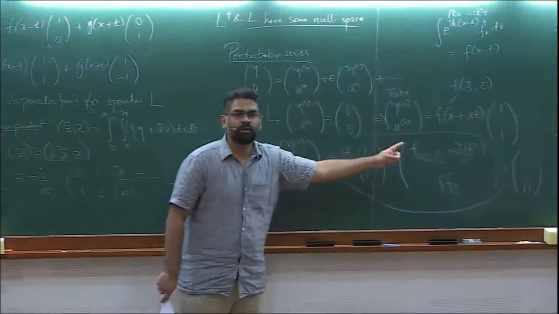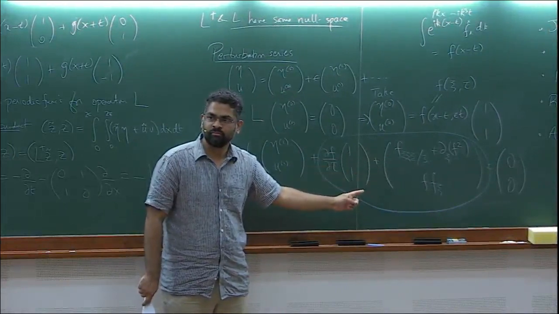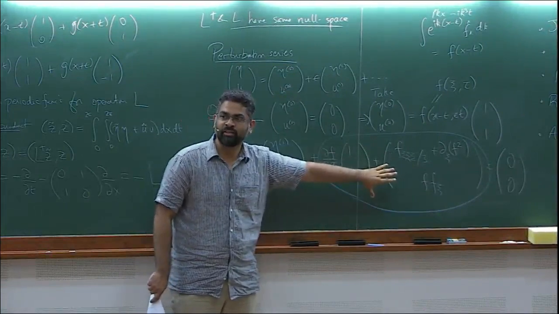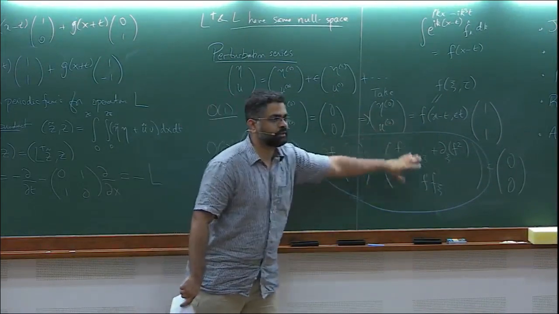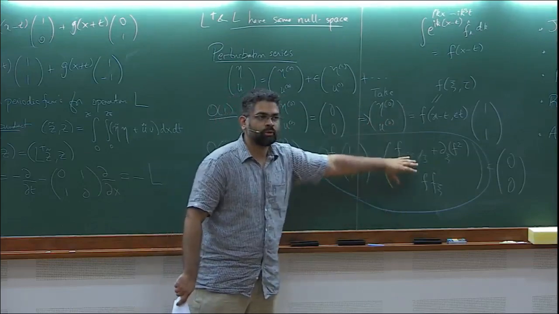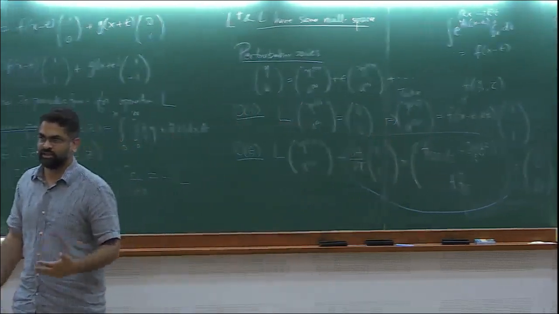All of these functions that appear are functions of x minus t. I mean, they're functions of tau, but they're all, at this order, functions of x minus t. So all of this can be clubbed to one vector with two components that have functions of x minus t.